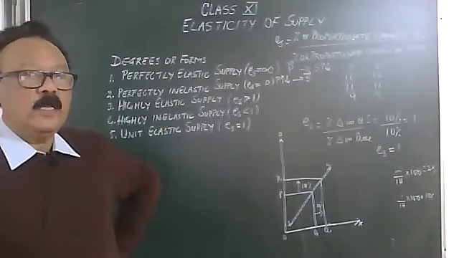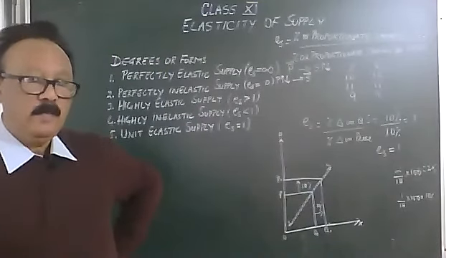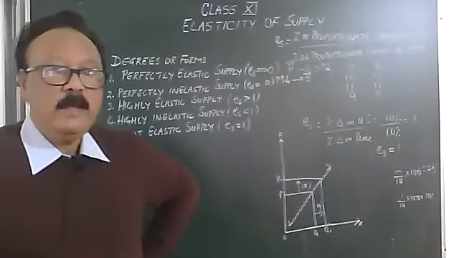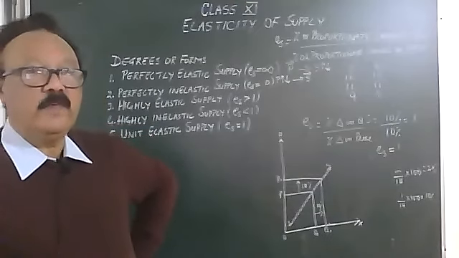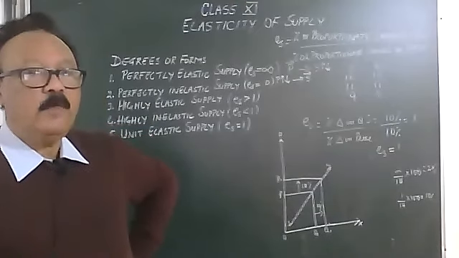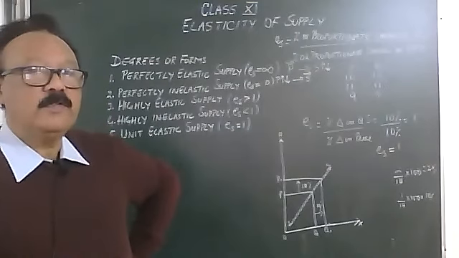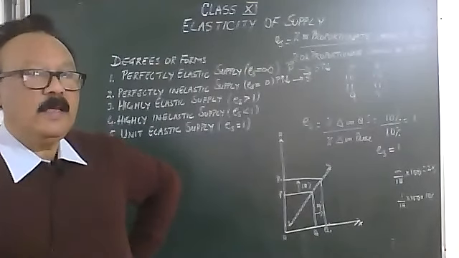Okay, so these are the 5 degrees, or also we call the forms of elasticity of supply. Perfectly elastic supply, where ES is equal to infinity. Second was perfectly inelastic supply where ES is equal to 0. Third, highly elastic supply where ES is greater than 1.